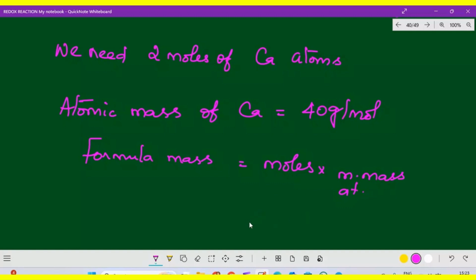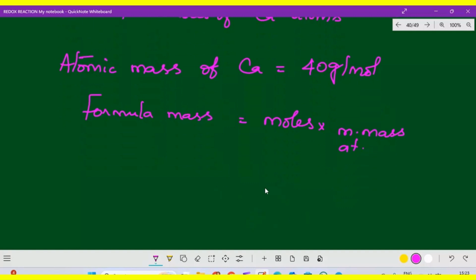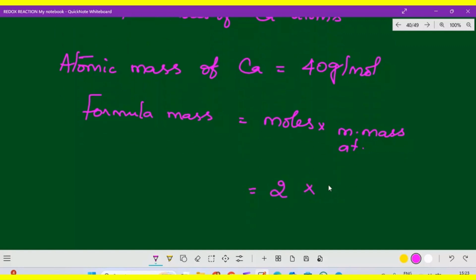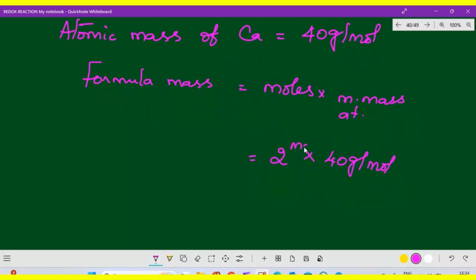Calcium only they mention. So here 2 moles into the atomic mass of calcium, 40 gram per mole. Mole cancels, so how much is it? 80 gram.